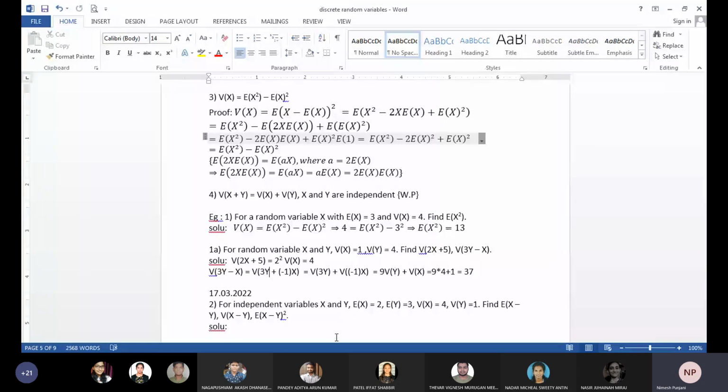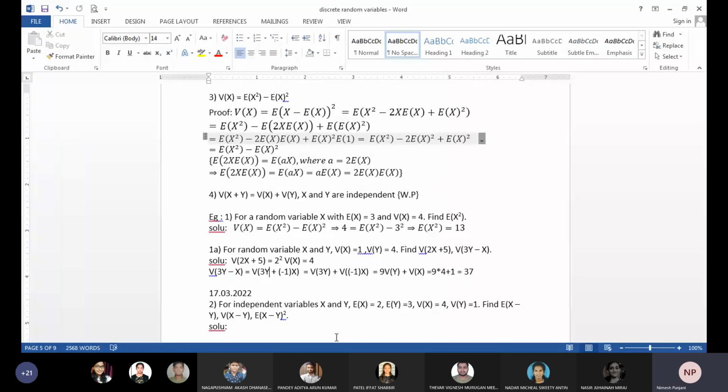So basically, variance of x minus y, if it is there, that is also the same as variance of x plus variance of y.